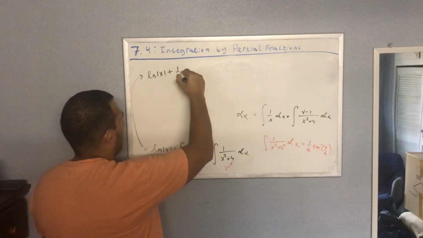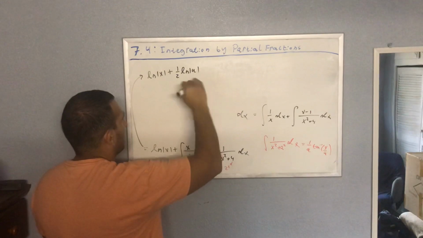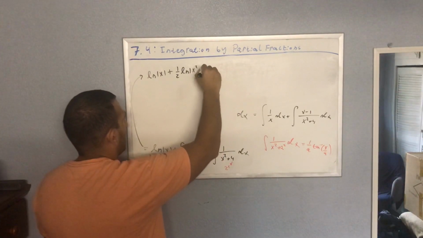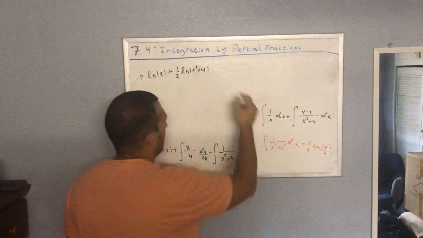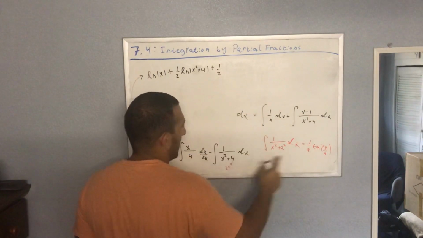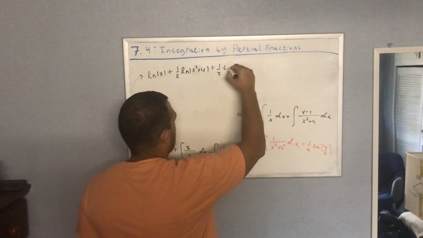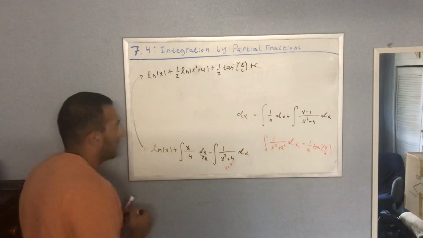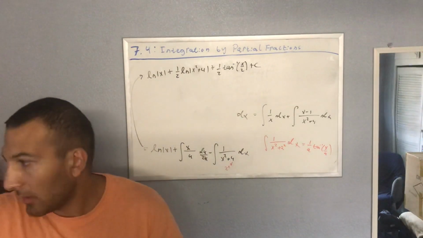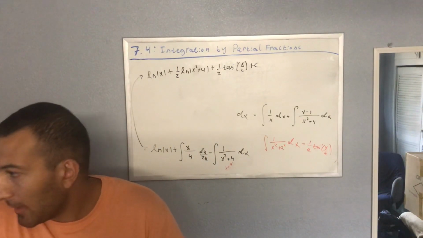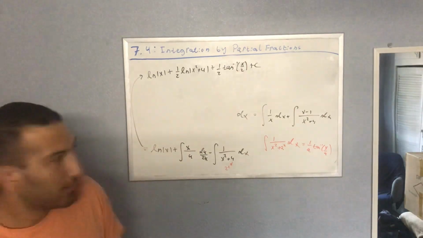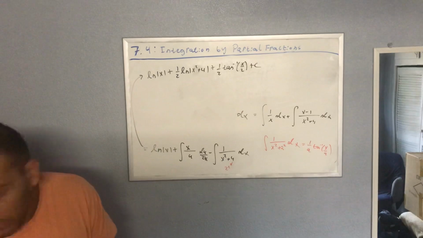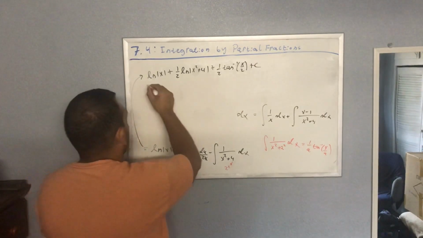So this is the 1/2 ln absolute value of u, but u was x squared plus 4. And then plus now 1 over 2, because a is 2 in our case, tangent inverse of x over 2 plus c. That's the final answer.